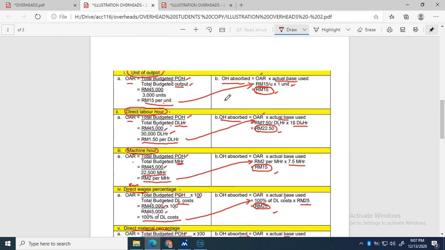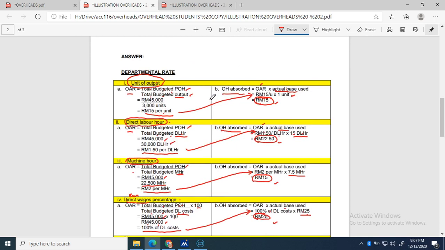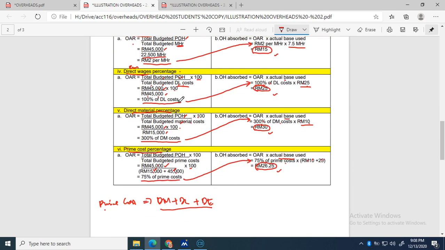For unit basis, we can use it if all the output that you produce is the same type of output, using the same material, labor, and overhead. That means an identical product. But if the product is not identical, it's not suitable to use units of output.